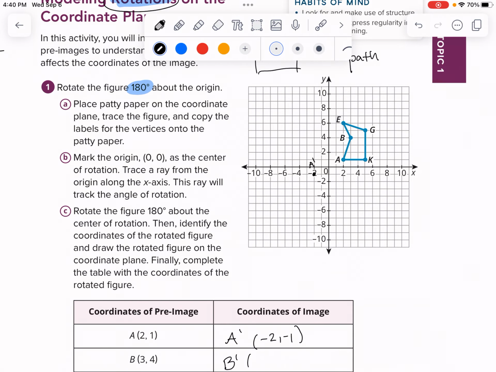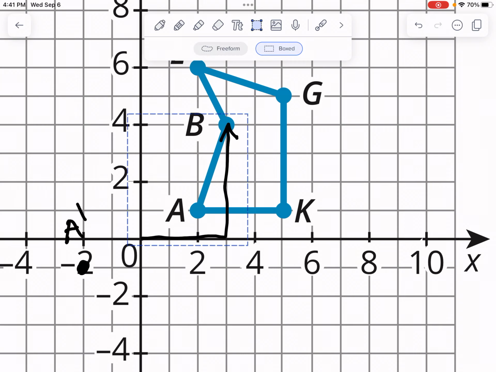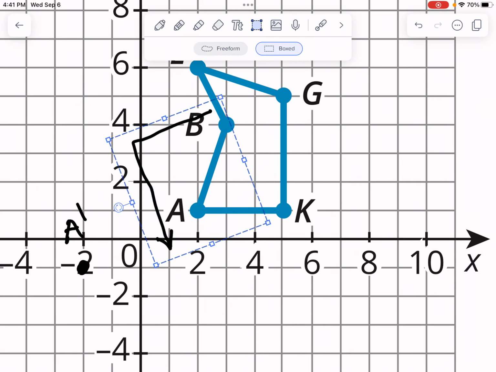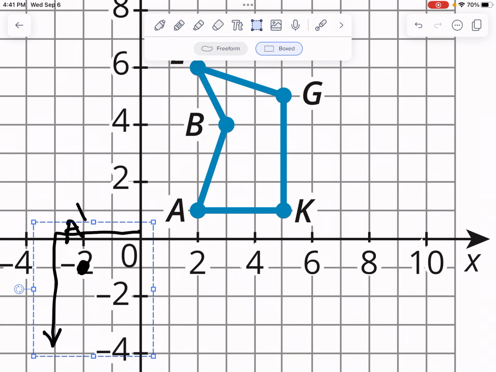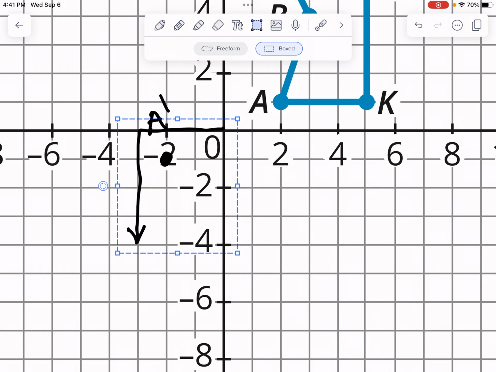Next one we'll go to is B. The path looks like we're going right and then up. So what you'll do with your paper or your book is rotate it so it's upside down, and look at where that arrow is pointing. The path from the origin to B now looks like 3 to the left, 4 down.